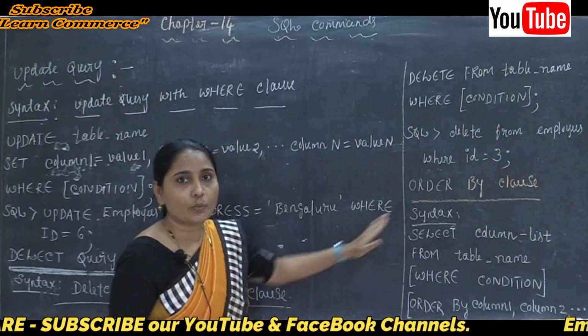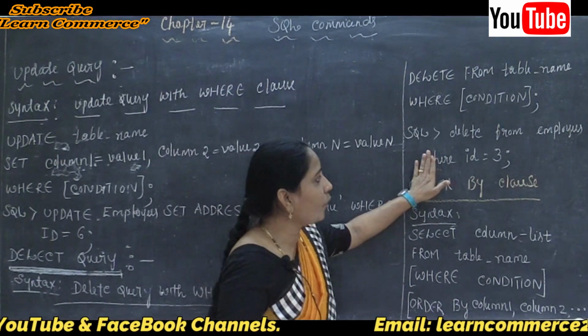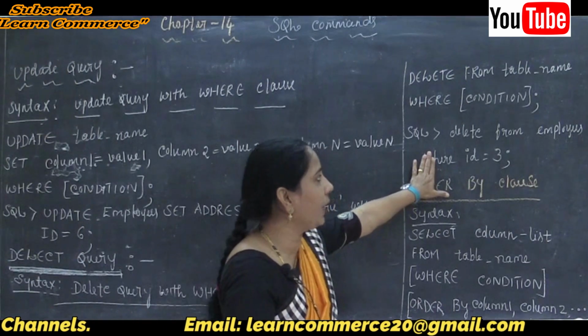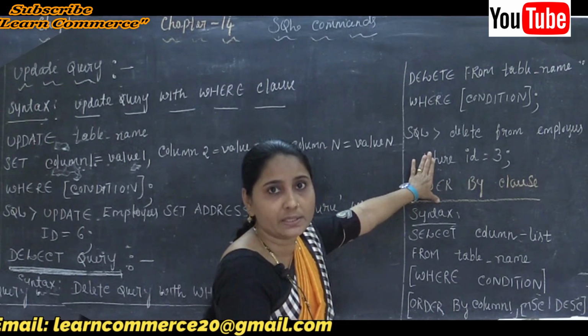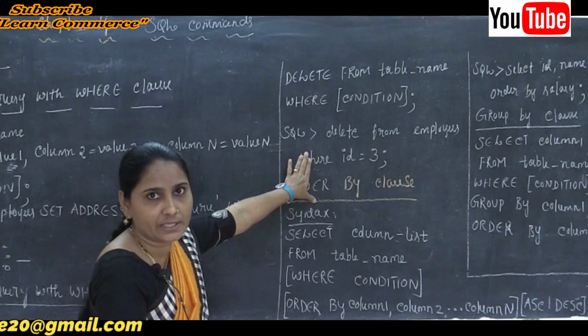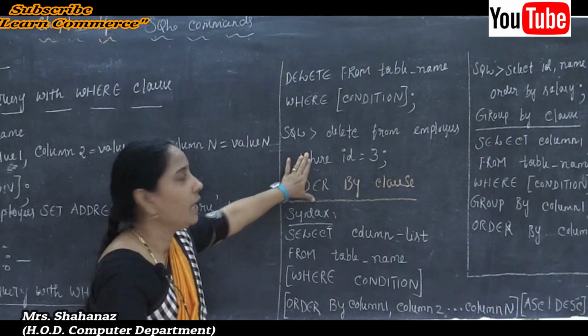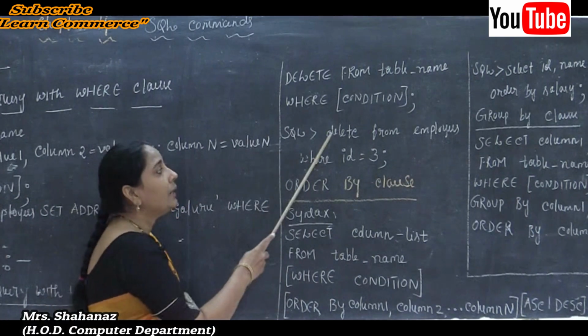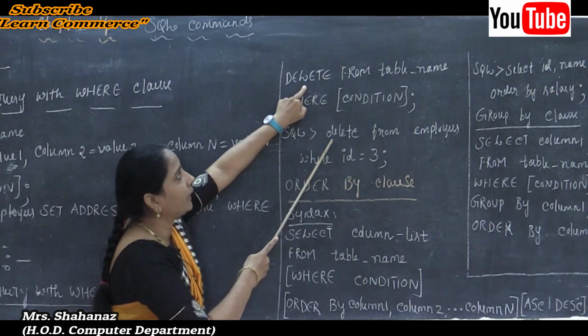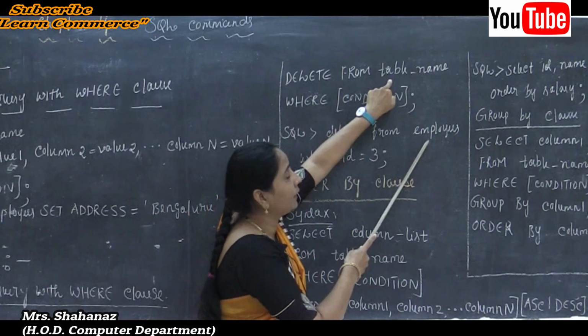Now, for example, I want to delete the record from employees whose record number is 3, so whose ID is equal to 3. So how do I write it? I already completed DELETE FROM table_name.